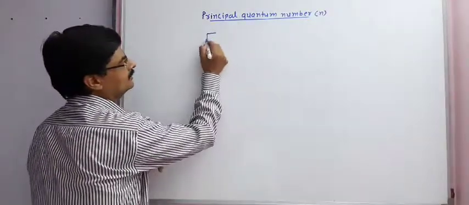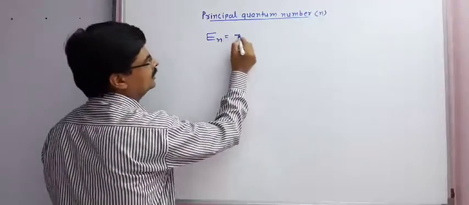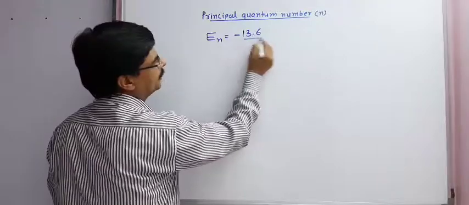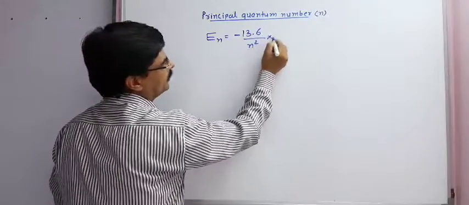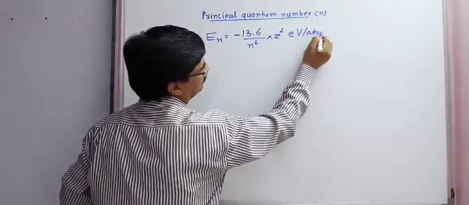Energy of electron is given by the formula En is equal to minus 13.6 upon n square into Z square electron volt per atom.